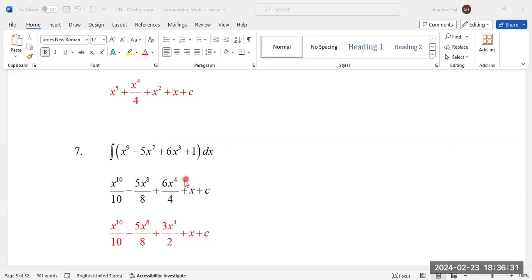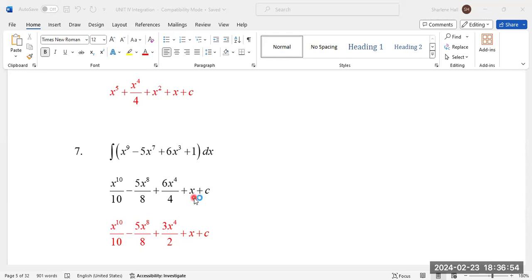Did you say 6x to the 4th over 4? No, sir. I said x to the 4. Over 4 or just x to the 4th? Yeah, that's x to the 4. No, man, remember the rule says you add 1 to the power and divide by the new power.